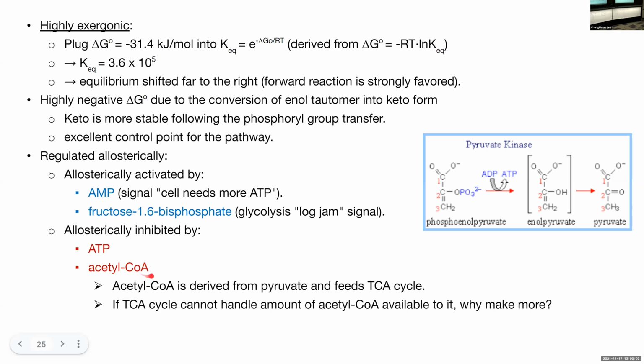And acetyl-CoA is the starting material of the TCA cycle, which is downstream of this glycolysis. So if there's a lot of acetyl-CoA, meaning that there is a lot of stuff that needs to be processed further, it will inhibit pyruvate kinase from driving this reaction forward.